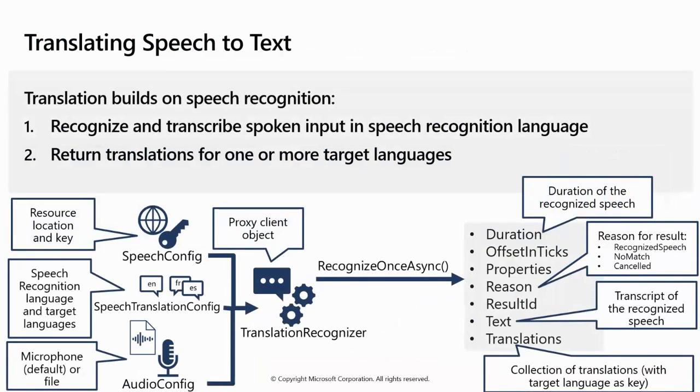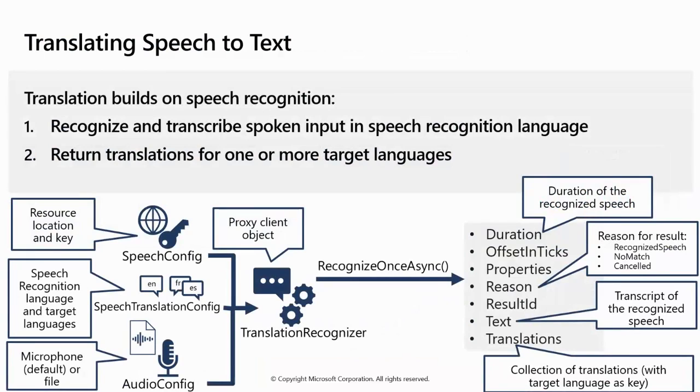Then we just need to handle the speech service's response for this RecognizeOnceAsync method. The result is an object called TranslationRecognitionResult, and like the first one, we have the following properties: Duration, OffsetInTicks, Properties, Reason, ResultId, Text, and Translations. Now, if the operation was successful, the Reason property has an enumerated value.